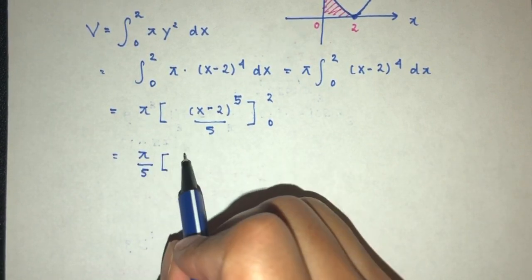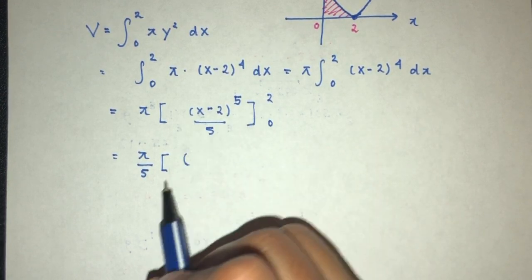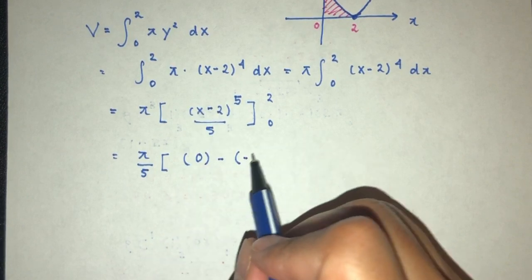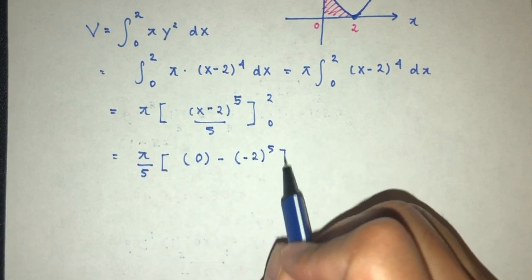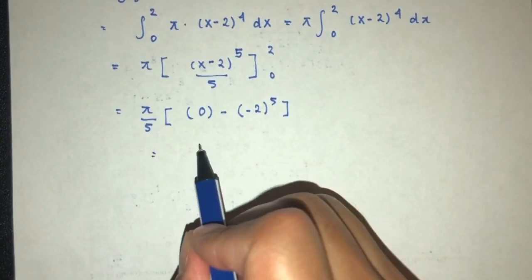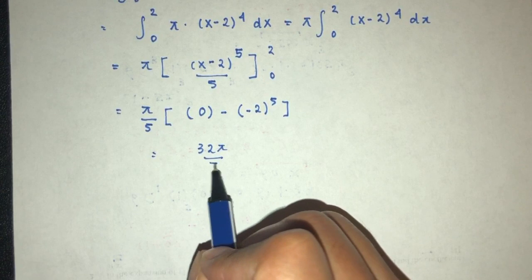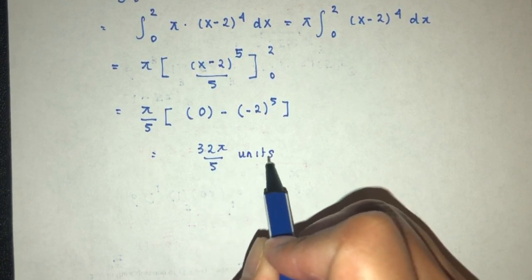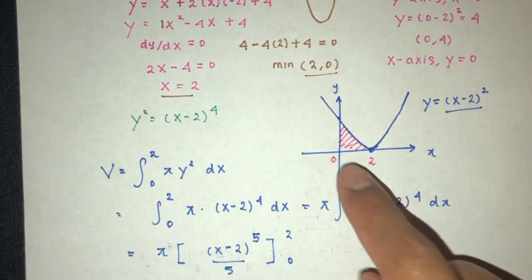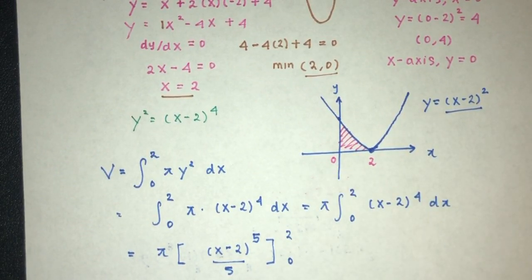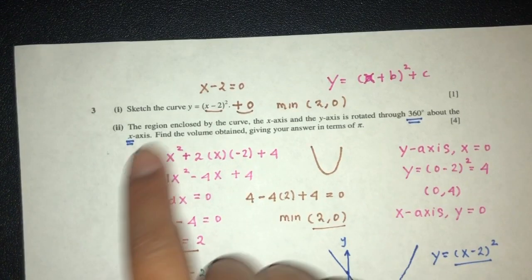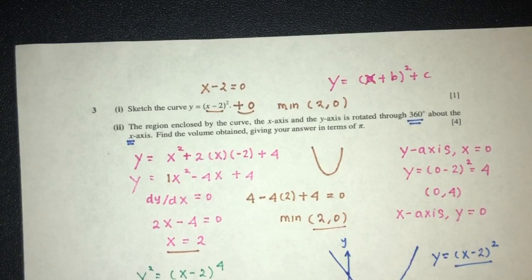And then first we have 2. So 2 minus 2 is 0. That should be 0 minus, and 0 minus 2 is minus 2 power 5. That should be 32. That should be 32 pi over 5 units cubed for the volume of this shape when it is rotated about the x-axis 360 degrees. And that will be your question, part 3.